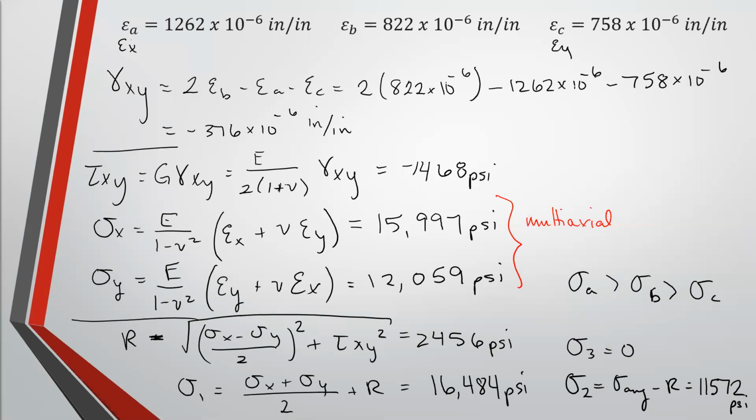It's a very thin material, so we're going to neglect whatever small stress there may be numerically in that other direction. So then we're going to map these three stresses to A, B, C. The largest one has to be sigma A. The smallest one has to be sigma C. And the medium one has to be sigma B.